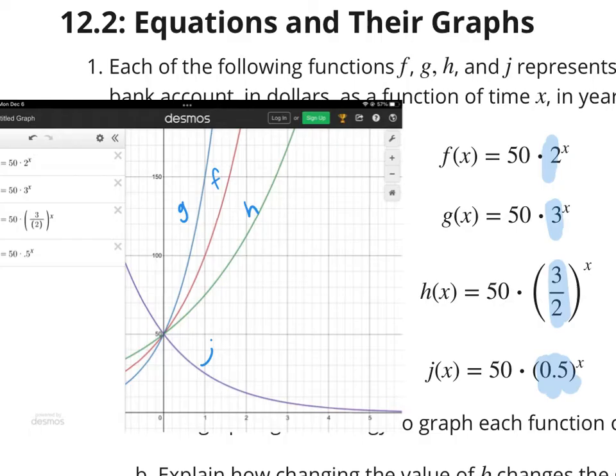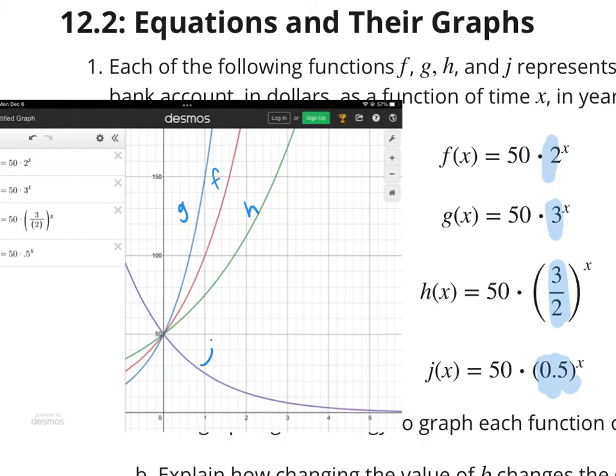So by looking at these graphs, we can see that where b is greater than 1, the larger values of b mean that the function grows more quickly as x increases, right? So g had a b value of 3, and that one is growing much quicker than f or h. f, which had a b value of 2, is the middle one, and then h, which had a b value of 3 halves or 1.5, is growing the slowest.